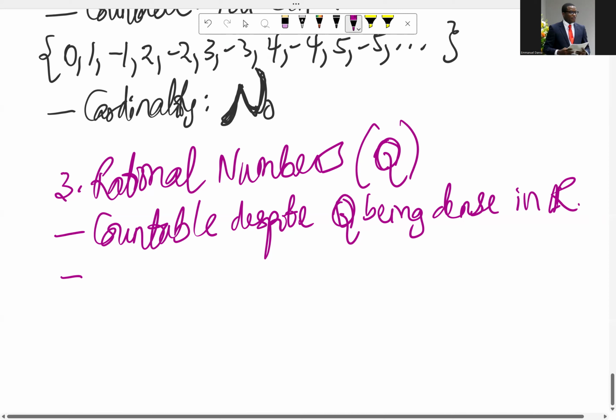You can list all rational numbers by arranging them in a sequence.